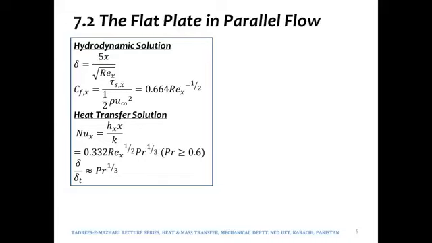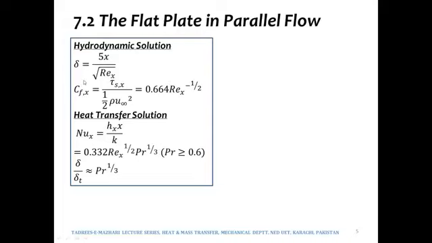So we are looking at the same parameters over here. In the hydrodynamic portion, we have the coefficient of friction and delta, which is the thickness of the velocity boundary layer, and over here we have Nusselt number, which was a ratio of heat transfer by convection to heat transfer by conduction. Right. So over here we have the heat transfer related parameters and expressions.